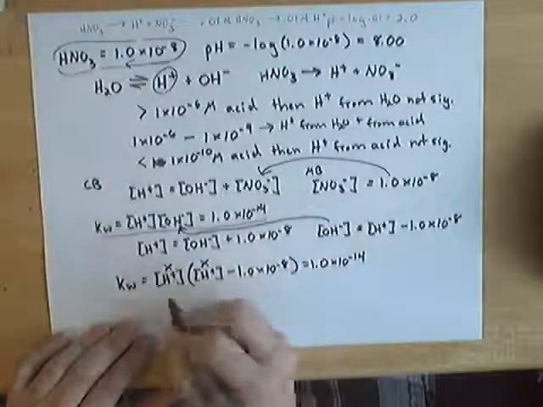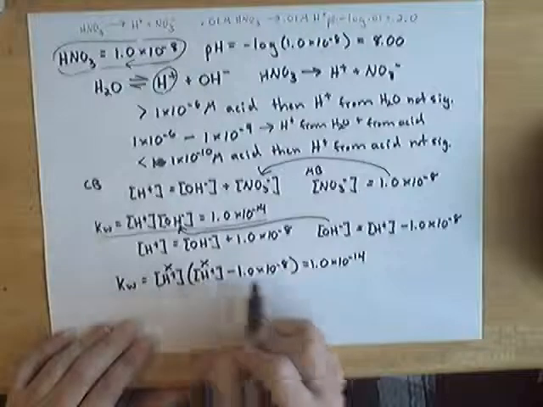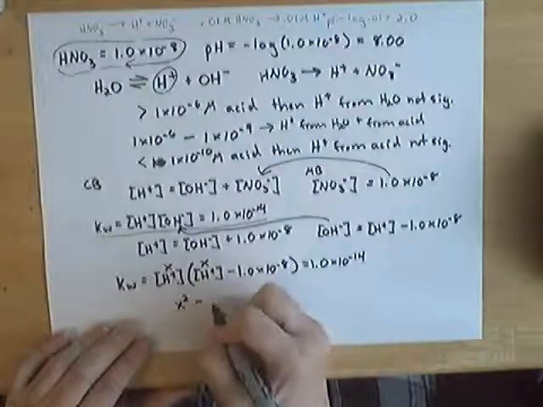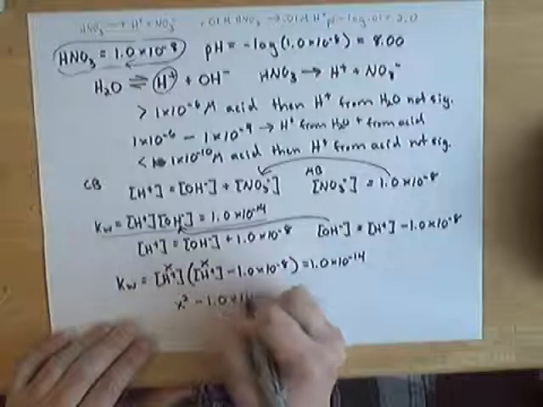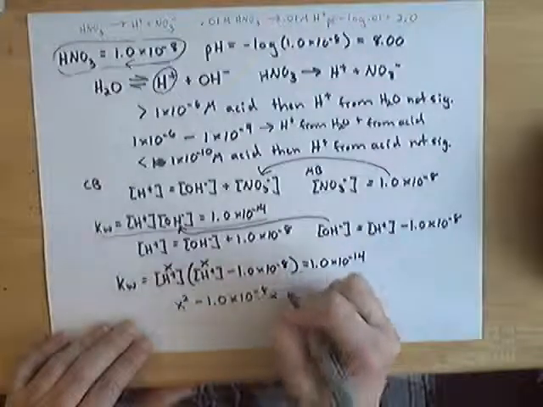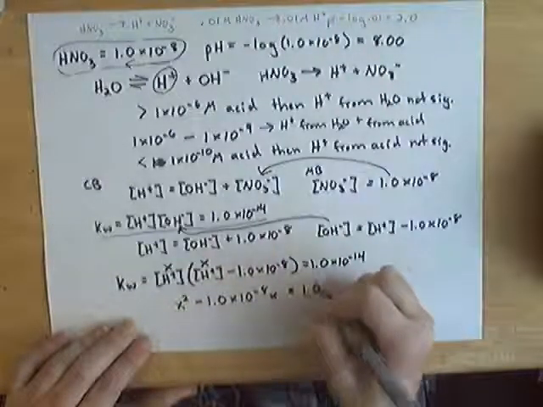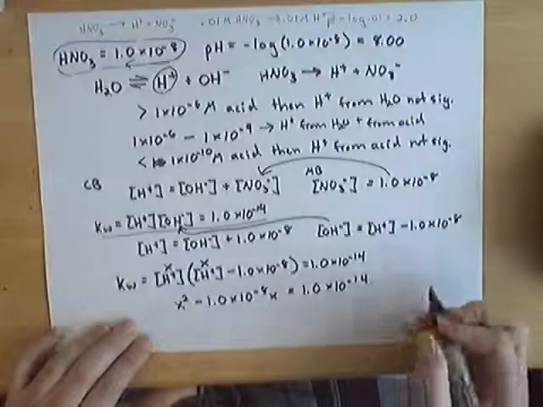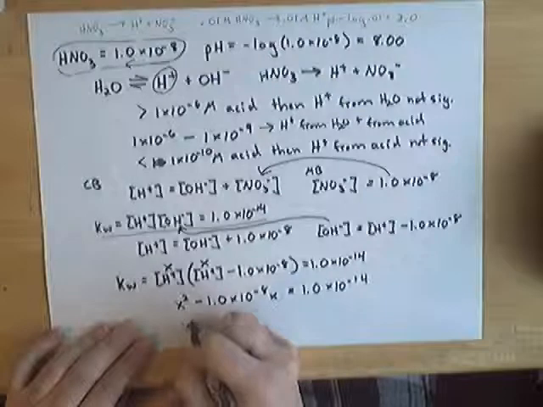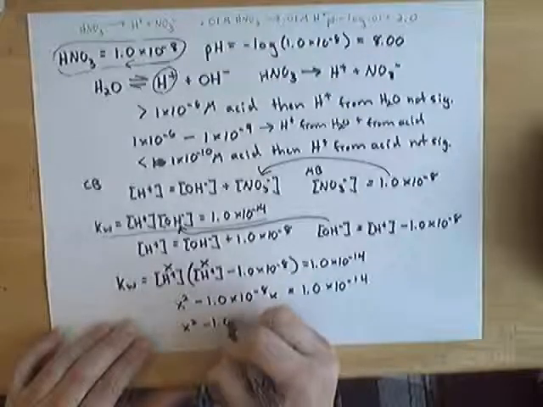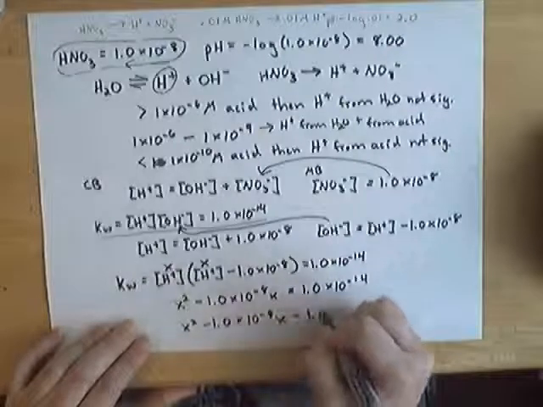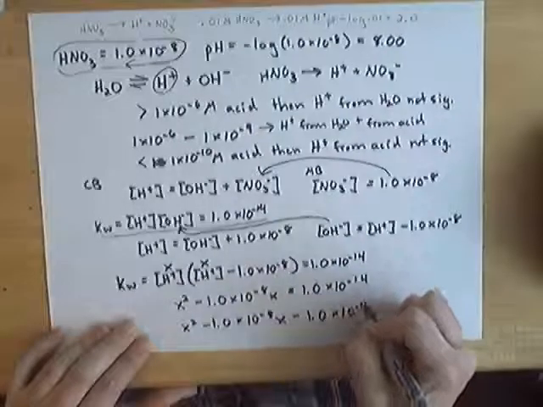All right, so when I rewrite this, I'm going to multiply this through. I'm going to have X squared minus 1.0 times 10 to the negative 8 X equals 1.0 times 10 to the negative 14th. All right, rearrange this again: X squared minus 1.0 times 10 to the negative 8 X minus 1.0 times 10 to the negative 14th equals 0.